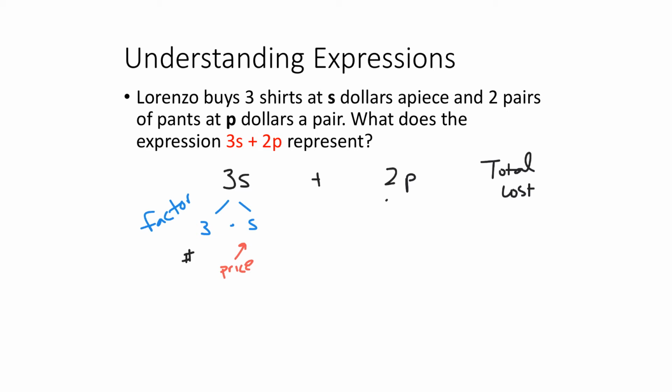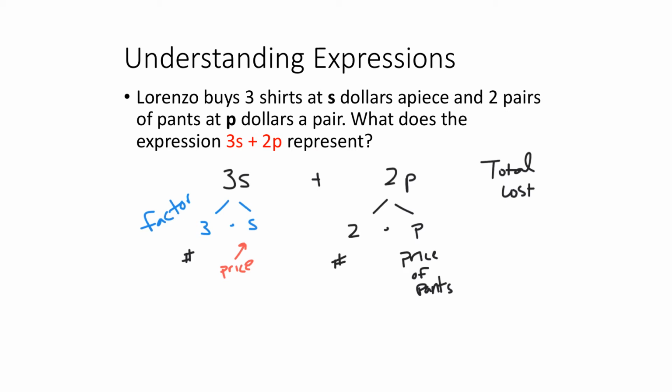In a similar fashion with the other one, we have 2 and we have p, our 2 different factors. 2 represents the number of pants that he is buying, where p, again in this case, is the price of pants. So in a similar situation, we have to understand what the coefficients are and what the variables are representing, because they don't always represent the same thing.